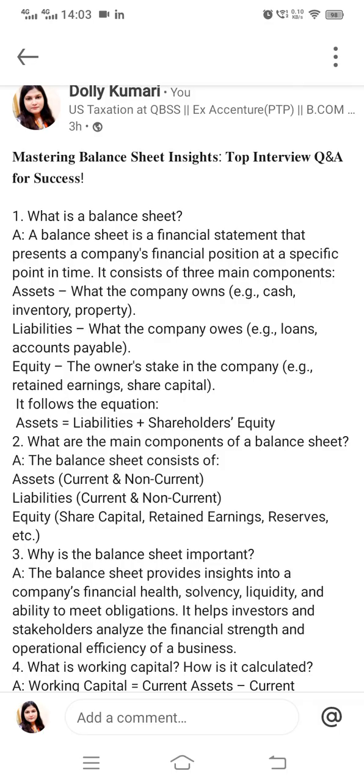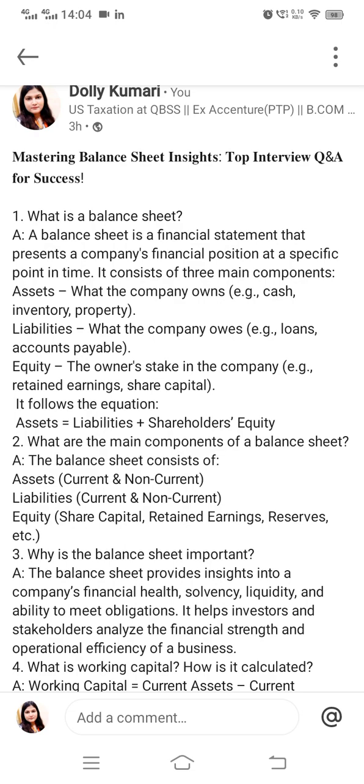Now we have second question, what are the main components of a balance sheet? Majorly the main components are the same which we discussed in the first question. First is assets. Assets include both current and non-current assets. Non-current includes fixed assets, and then current assets.